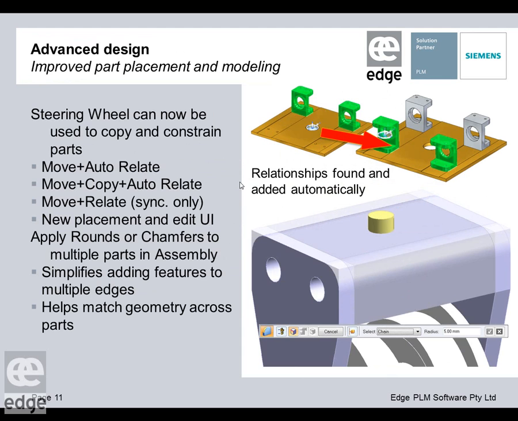Again, in assemblies, we can now apply rounds and chamfers to multiple parts in an assembly, and we can use the steering wheel to copy and constrain parts. What that means is we can automatically pick up constraints when we copy parts, single parts or groups of parts. There's some quite clever technology in there and a great time saver.